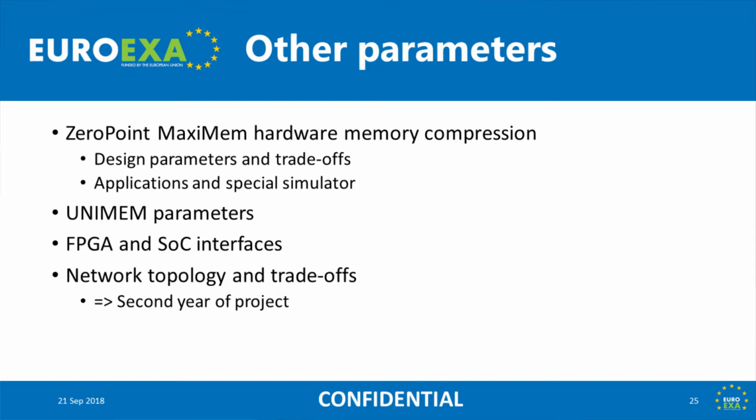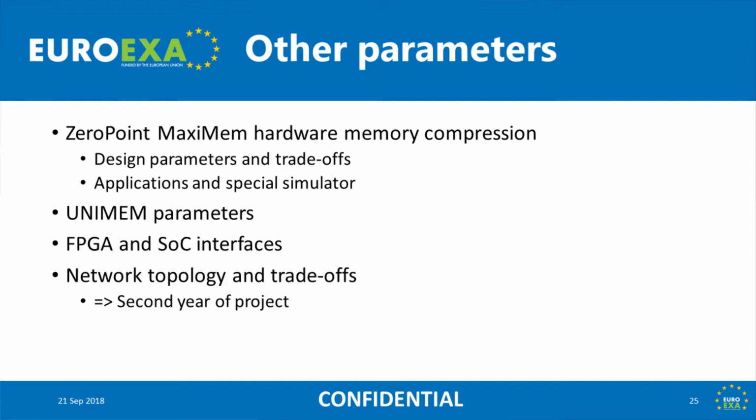We have some other parameters. Again, I can't go into details, but just to give an idea of what we were looking at, we have a partner that's doing hardware memory compression. Suffice to say, they had some design parameters and trade-offs, and we gave some input onto that. Clearly, I can't say what this actually relates to.